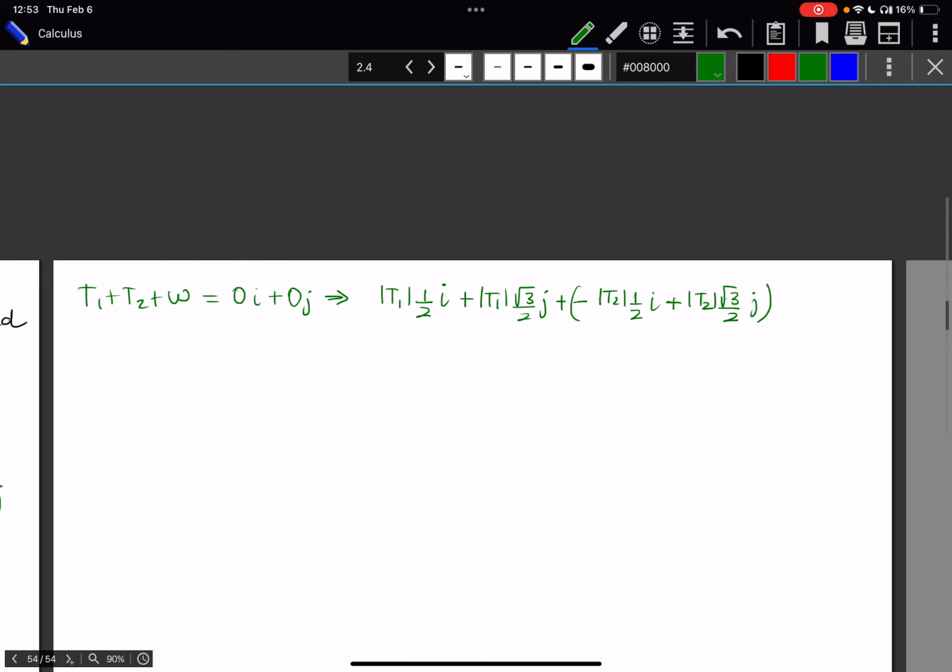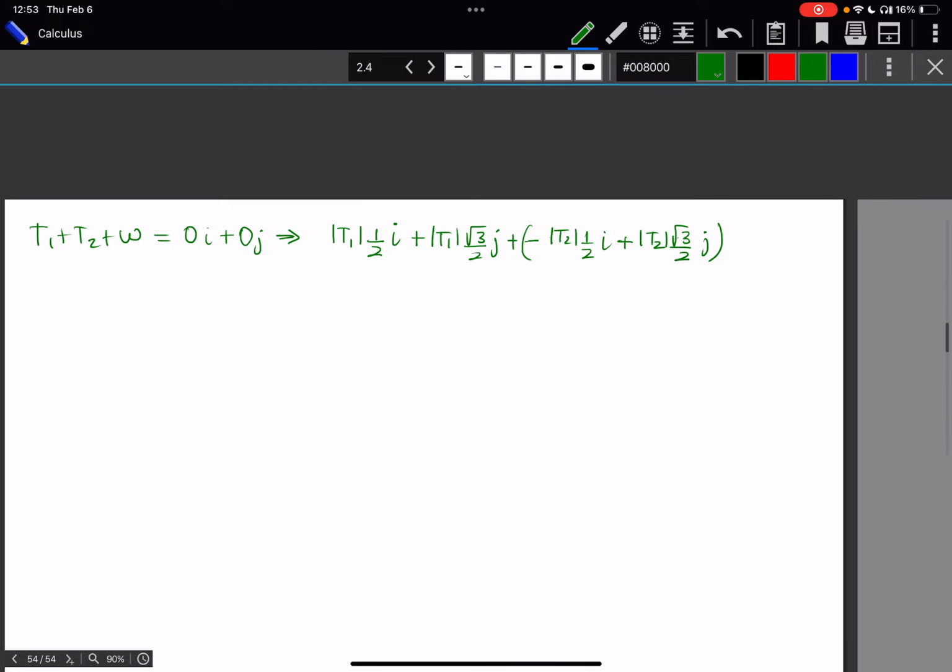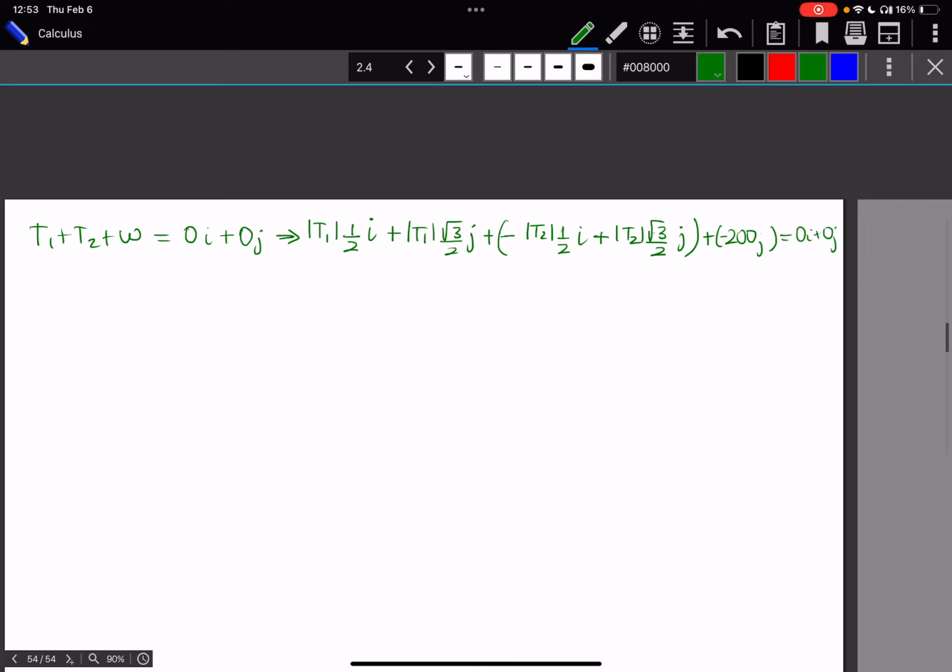So here we have this. And plus W, and W was minus 200J. And this should equal the 0 vector. So we have 0 in I and 0 in J.